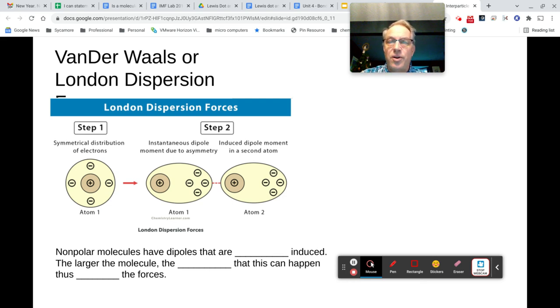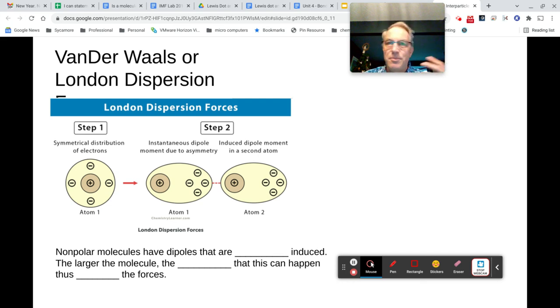First of all, van der Waals says it's the sum of all of the forces attracted to all of the other forces. That's often confused with London dispersion forces. So we're going to primarily talk about London dispersion forces. London dispersion forces works like this. You have a non-polar molecule, and it goes to another non-polar molecule. And the electrons are evenly spread out.